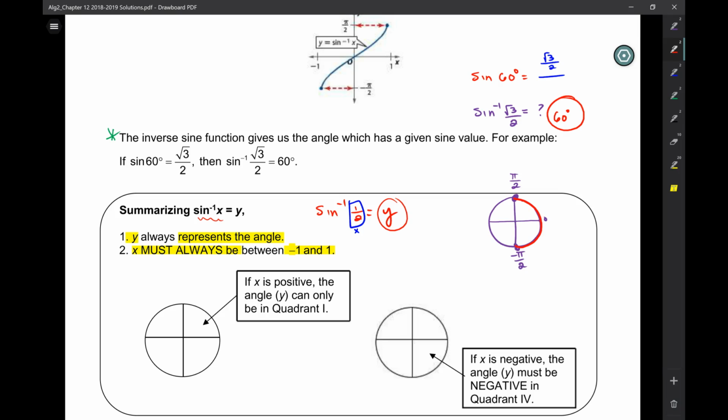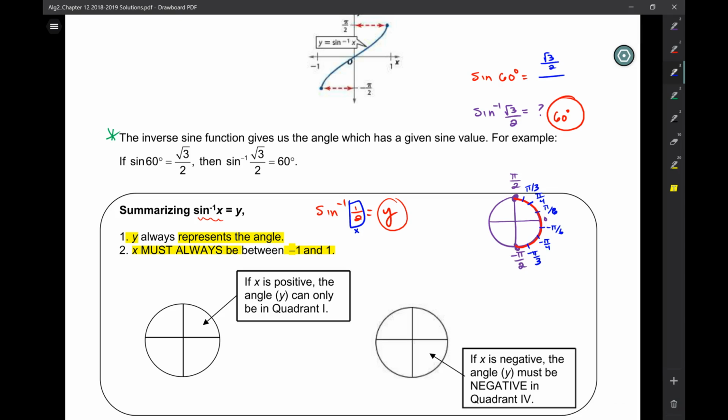So now, let's write some of the angles up here. The angle right in the middle is pi over 4, and this is pi over 6 and pi over 3. If I go down in the negatives, those angles are negative pi over 6, negative pi over 4, negative pi over 3.